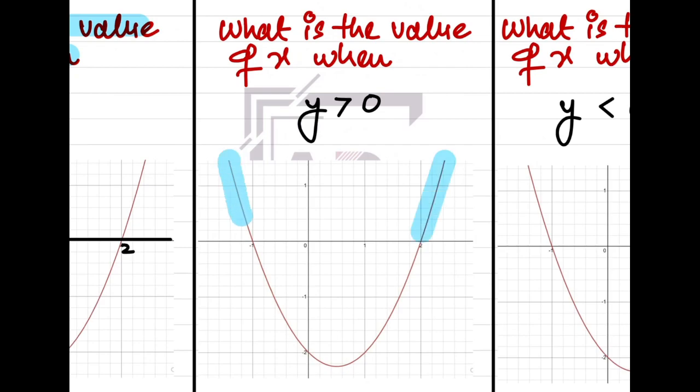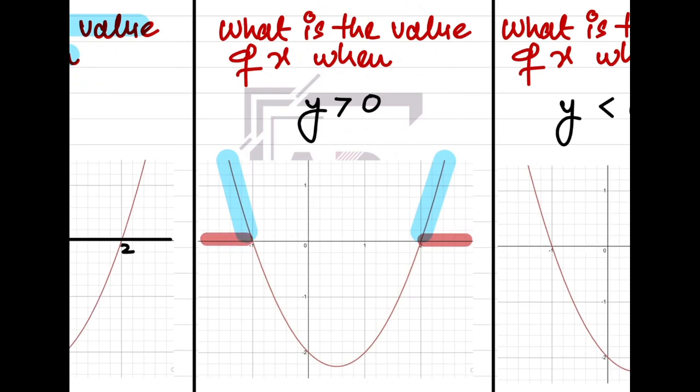All the values of y over here are going to be positive, greater than 0. You can see in both of these shaded portions, the y value is greater than 0. So what is the value of x? I'm going to say the value of x over here is greater than 2 and less than minus 1.